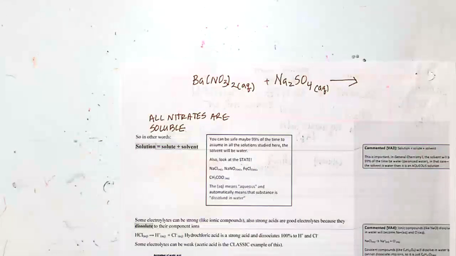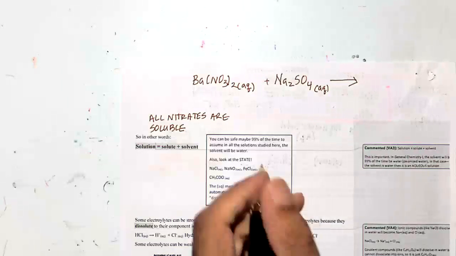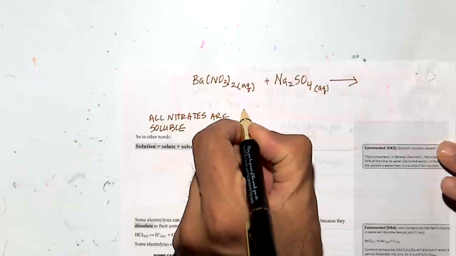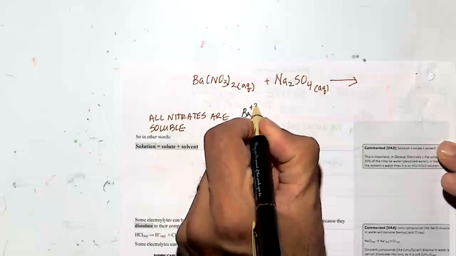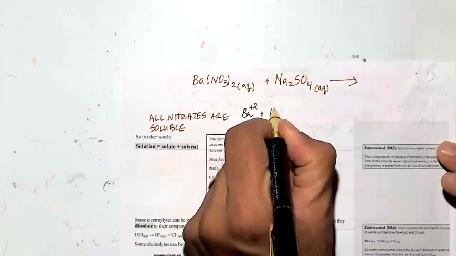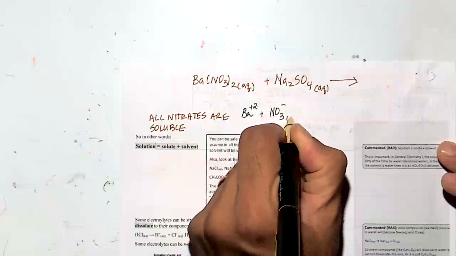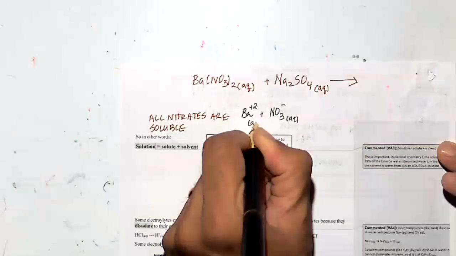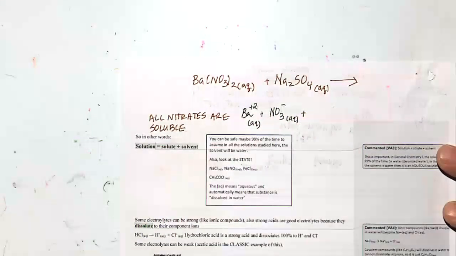So barium nitrate, is it ionic or...? What do we say about ionic compounds in water? They go down into their ions.